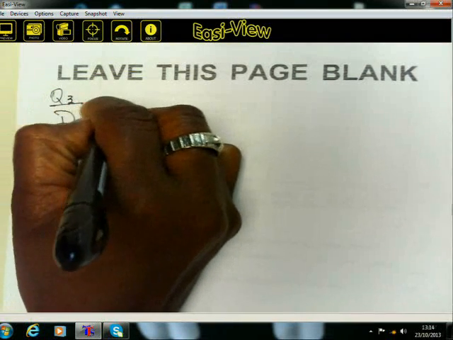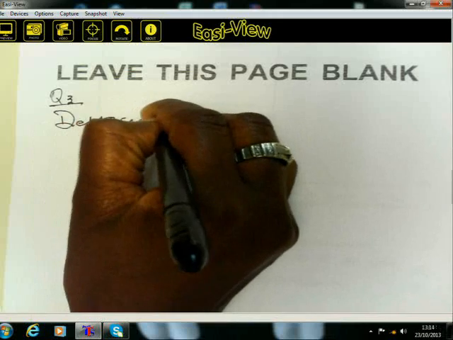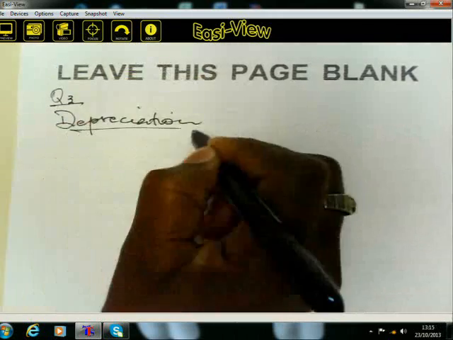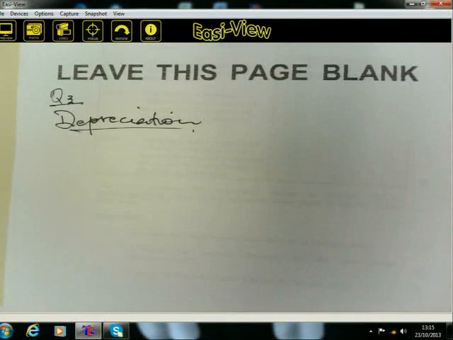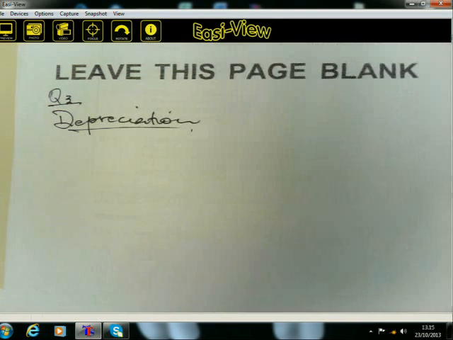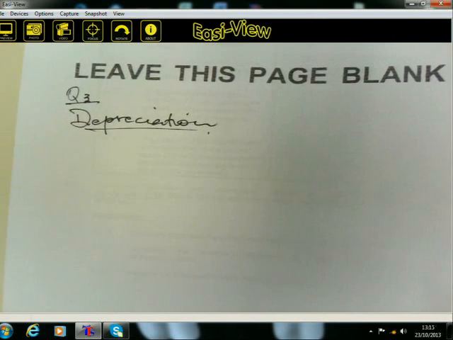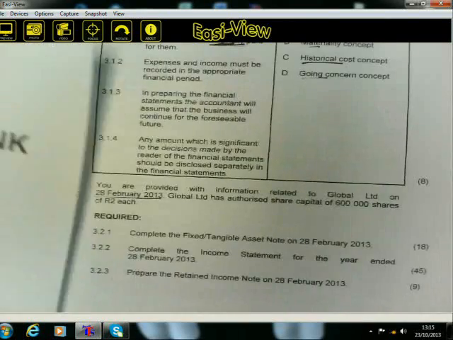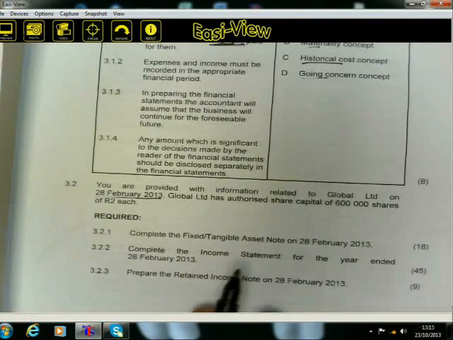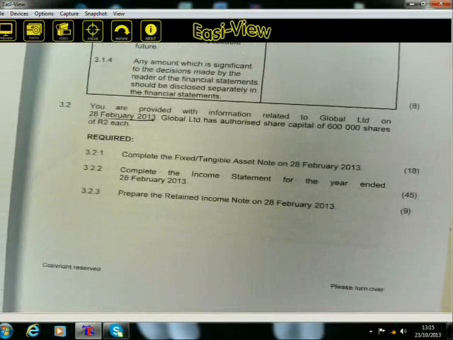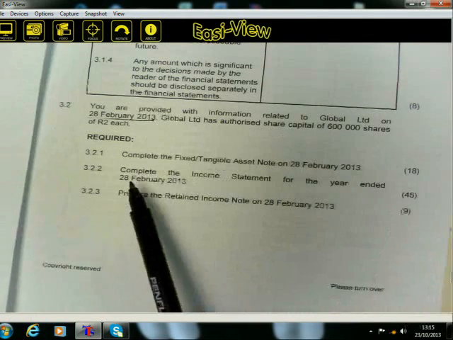If you were calculating depreciation, you will indicate that you were calculating depreciation. You will clarify what you were doing on that page. I would like to see the calculations for almost every question that you attempted. Make use of it. Then, let us carry on with what we are supposed to do.